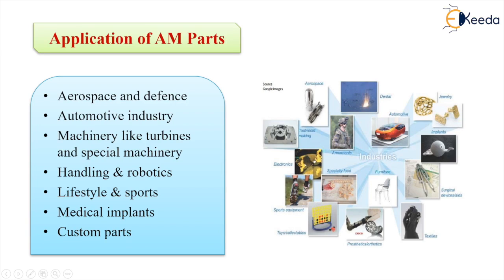If you see medical implants, it is very famous in the dental and orthopedic parts of the medical industry. And in custom parts we have classical cars and surgical tools, where AM plays a very important role. So these are the applications of additive manufacturing.